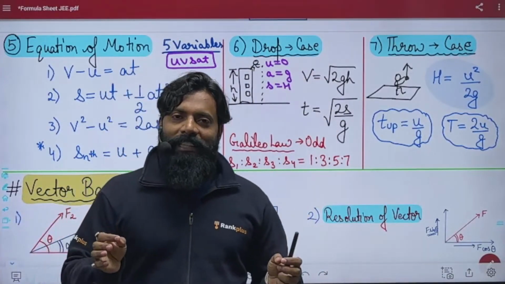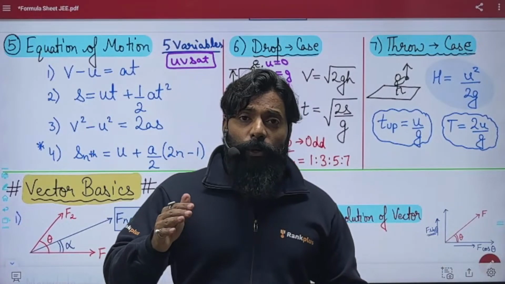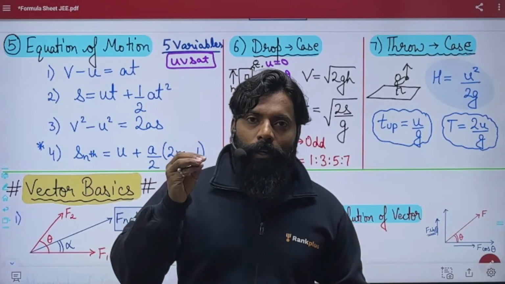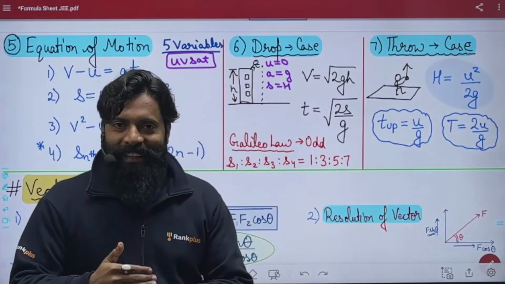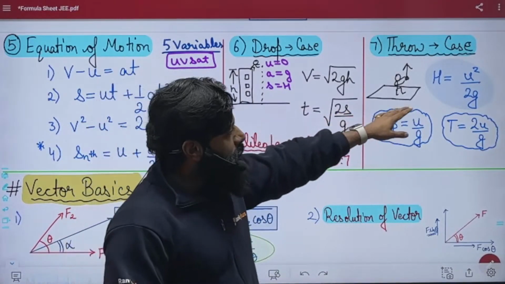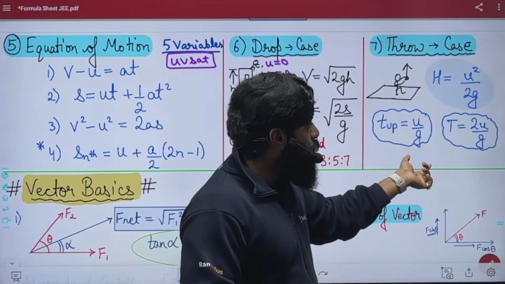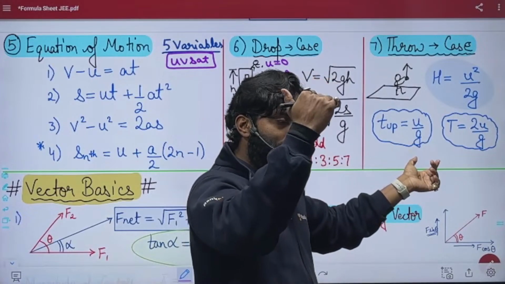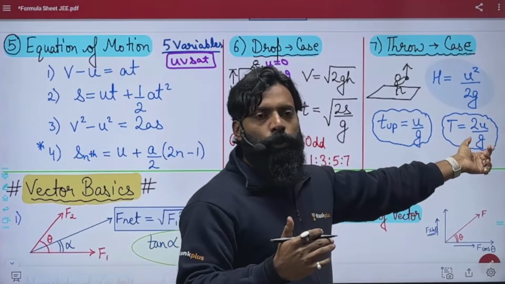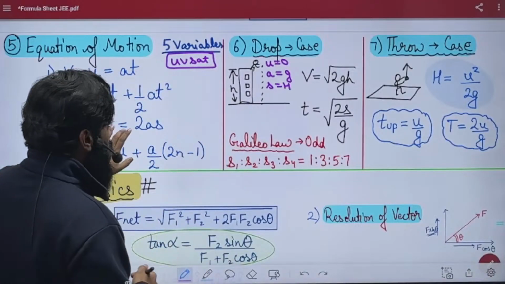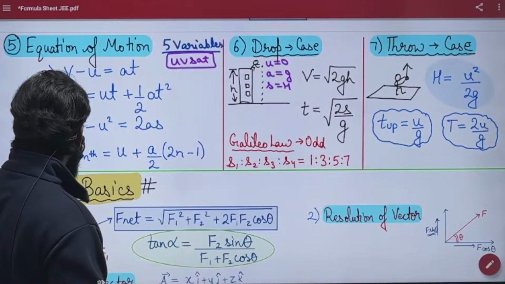It's nature's law. If you want to grow, then you have to keep your focus on study. So here h is equal to u square by 2g, time to go up is u by g, time to come down is u by g, if I'm not considering air friction. So total time is 2u by g. Right, shall we move? Now let's move.